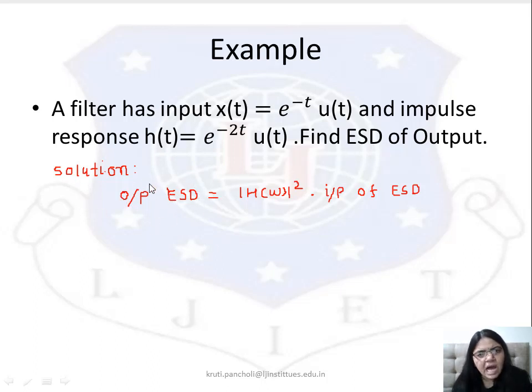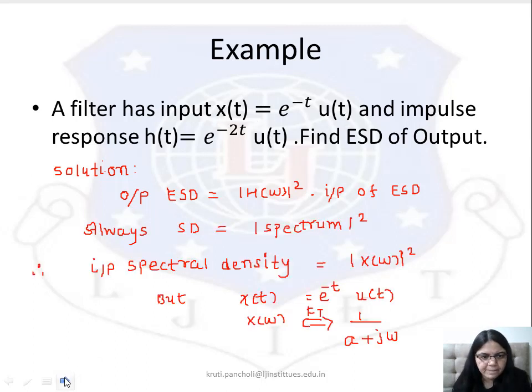So the output ESD is equal to the square of the amplitude spectrum of the impulse response, modulus of H(omega) squared, into the input ESD. What is the input ESD? It is the ESD of this input function.